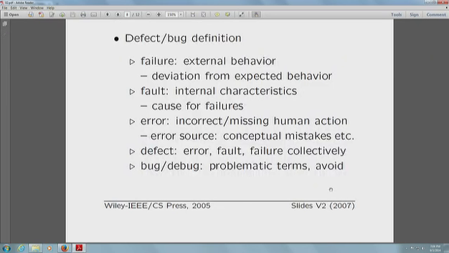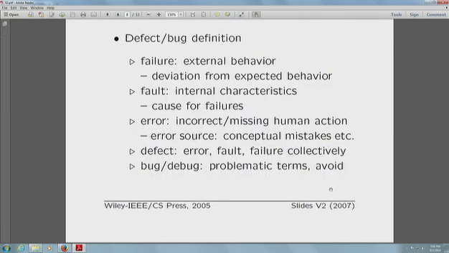Which particular part are you analyzing? So we have to settle on a good common understanding, a more precise definition, and a better understanding of defects.